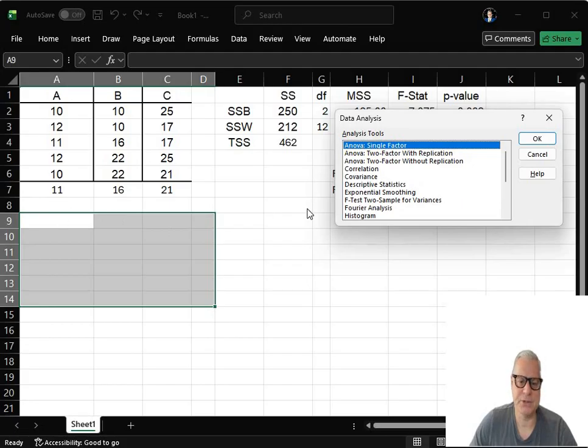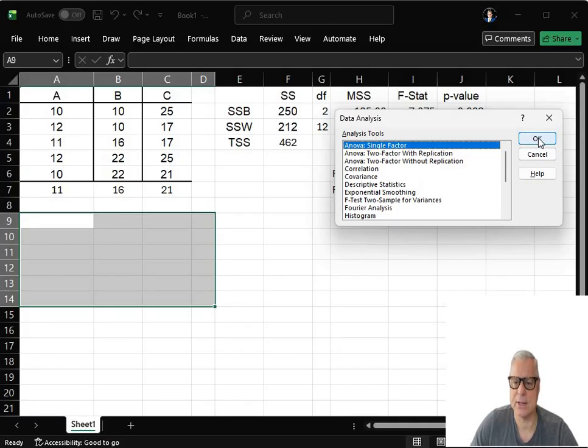The spirit is the same, but once it comes to many different factors, you slowly migrate towards using other techniques, especially regression analysis. So this is good enough to get an understanding of ANOVA.